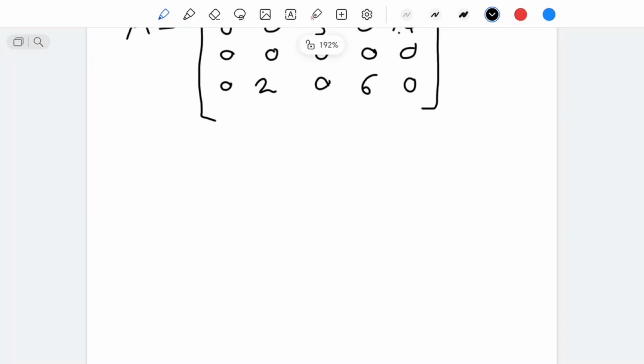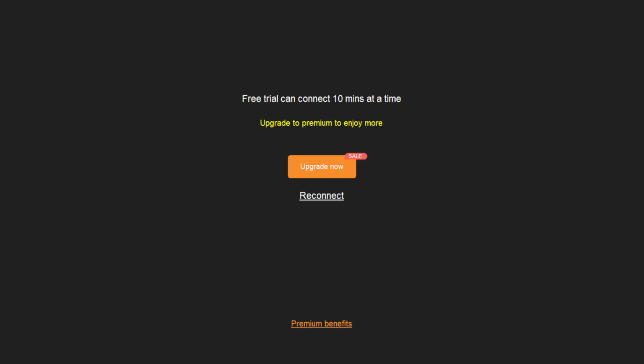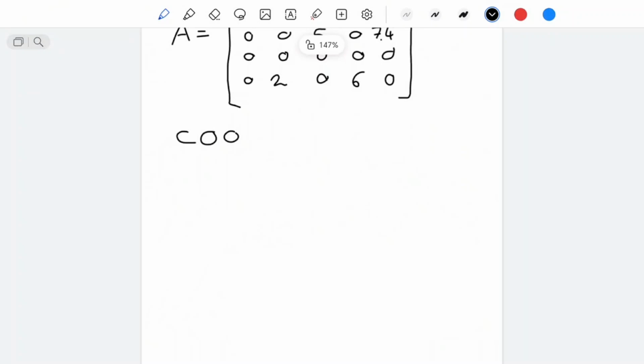The COO algorithm, like data structure, I mean. Oh shit. Okay, I'm sorry.